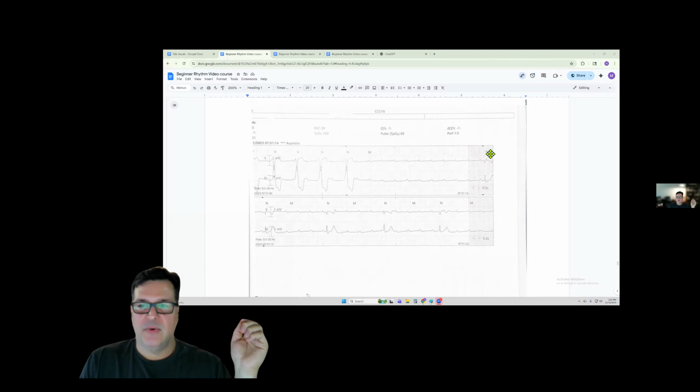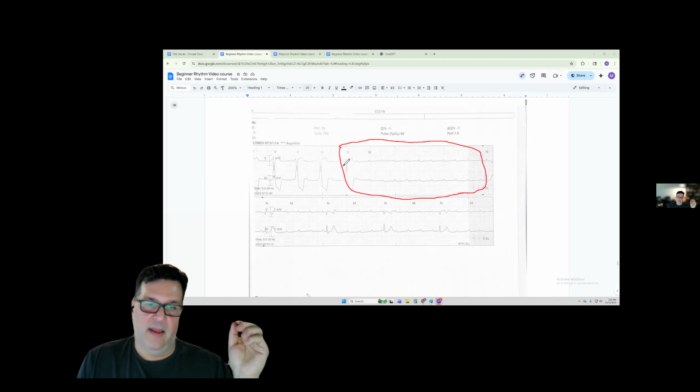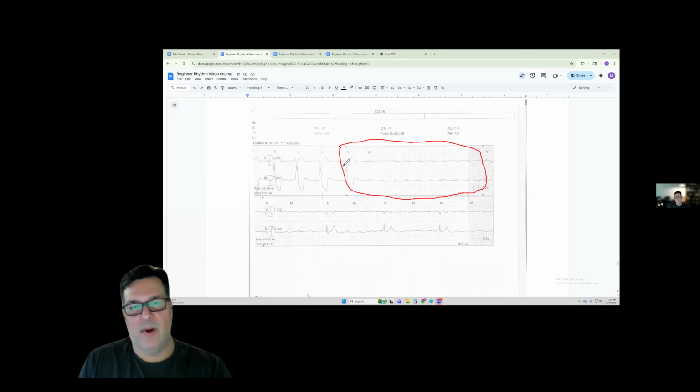But now that I have this section right here, I am going to use this as an example. This is what you would see with ventricular standstill. There's something else that's causing this pause, but if you were just to see this, this is what I would call ventricular standstill.